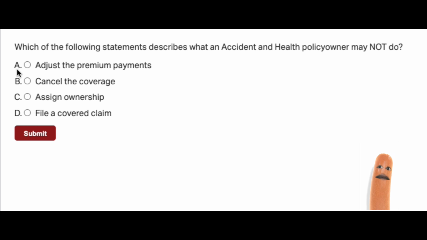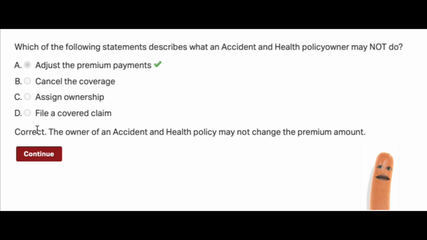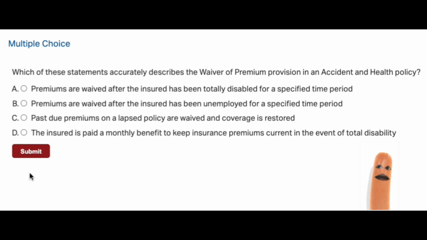That's what I'm thinking. He can't adjust premium payments either, I don't think. I'm going with A, Bob. Ding! Correct. The owner of the accident and health policy may not change the premium amount. He don't have the right to do that. Take notes. Alright, next question, please.